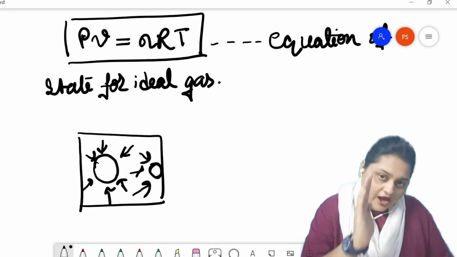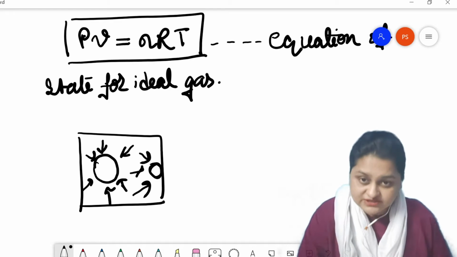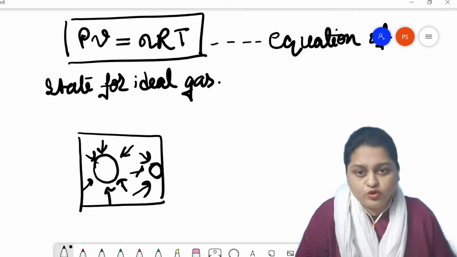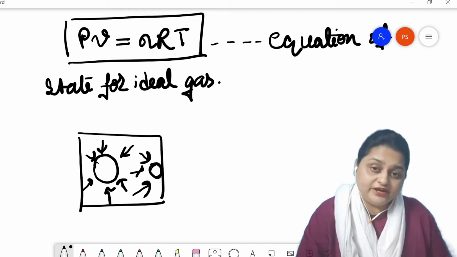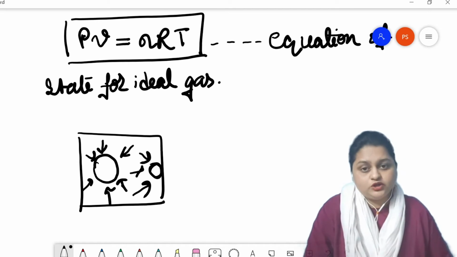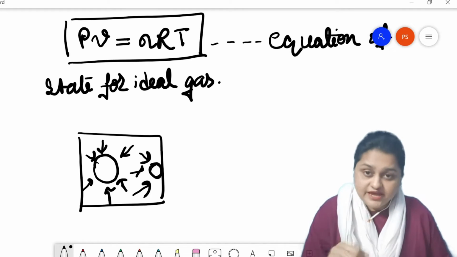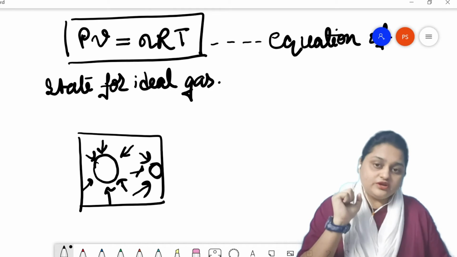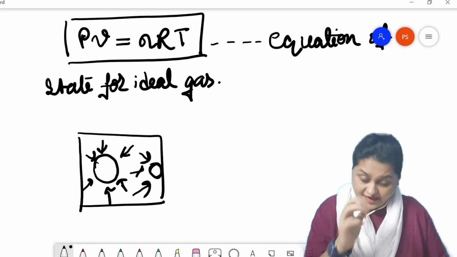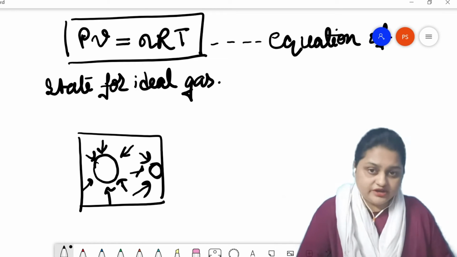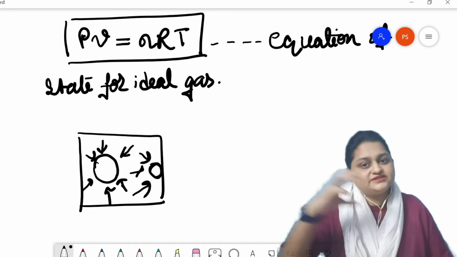As in the kinetic theory of gas, no attraction force was considered, the pressure that we were getting for the ideal gas was higher compared to the real phenomena. Because in real gas, when the constituent molecule collides with the container wall, it faces a pull by the surrounding particles.